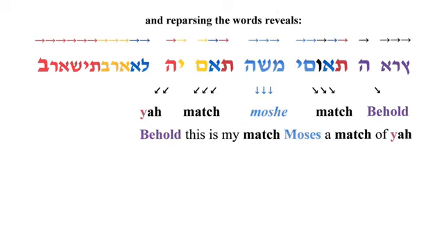So Genesis 1:1 backwards, there's a phrase in there: behold, this is my match, this is my twin. Behold my match, Moses, a match of Yah. Amazing. How many times have you read Genesis 1:1 and just zipped right past it, thinking, okay, in the beginning God created the heavens and the earth? But there's so much more if you look at it in the Hebrew.